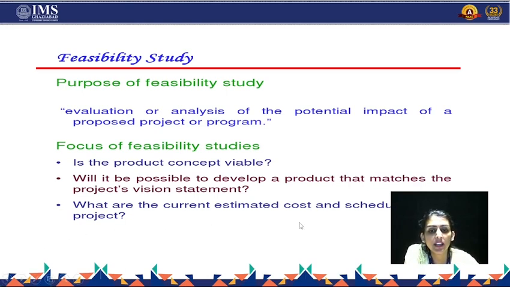Then what are the current estimated cost and schedule for the project? Whether the cost the customer has quoted is too less, and the actual cost the developer will face will be too high. There should not be a gap between what the customer has quoted and what the developer wants.